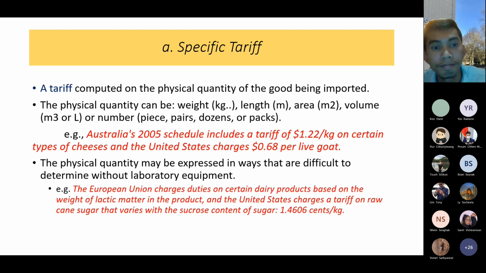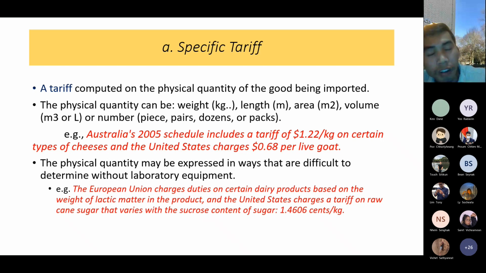Anybody can give me the answer? Yes, weight. So we don't put a percentage, but we put the actual price of the tariff based on per kilogram, per weight, per length, per area, per number, per pair.